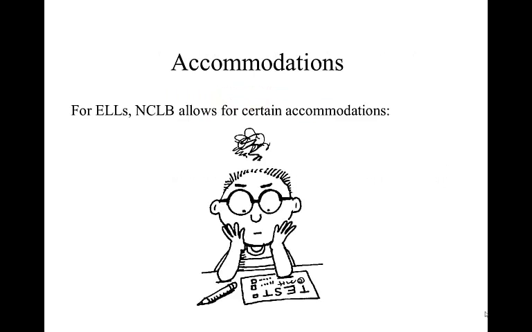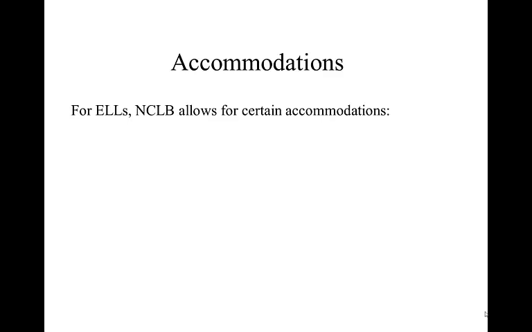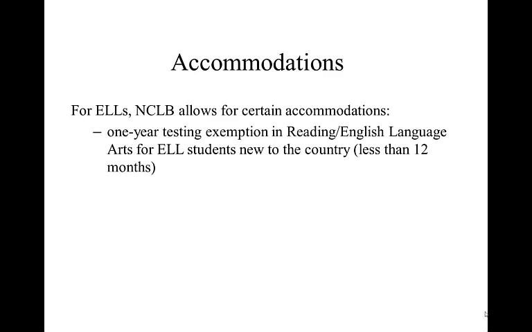For ELLs, NCLB allows for certain accommodations. For example, students have a 1-year testing exemption in reading and English language arts if they're new to the country. However, that means that they still have to take the science and math. Without the reading and English language arts skills that they need, it's unclear how that can happen though.